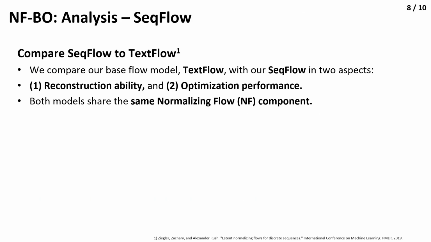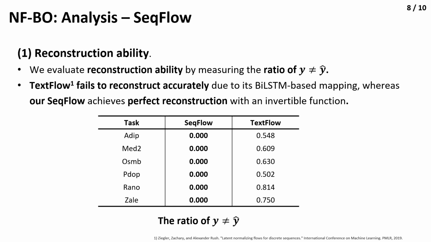We compare our base generative model TextFlow with our SeqFlow in 2 aspects. First, reconstruction ability, and second, optimization performance. Both models use the same normalizing flow component. We evaluate the reconstruction ability by checking how often the reconstructed value y hat is different from the original value y, which is in the table.